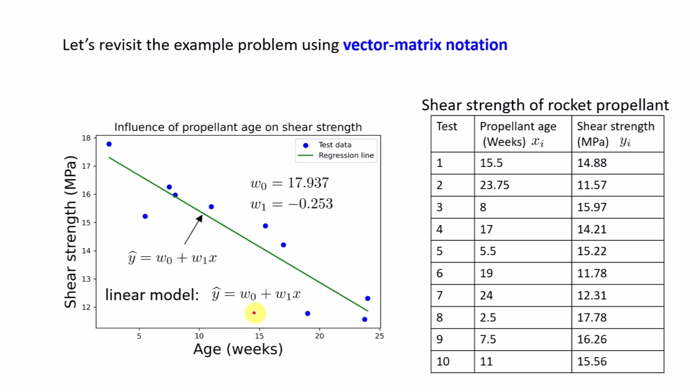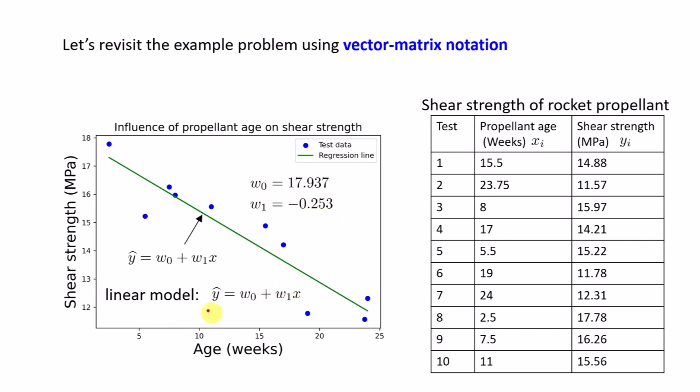And solving from the normal equation is easy because this is only a two unknown system. Two equations, two unknowns, the solution is very simple. But when it goes for a very large number of regressors, it cannot be very simple. So this was our answer, 17.93 and −0.25.